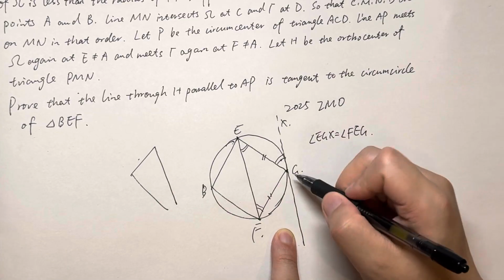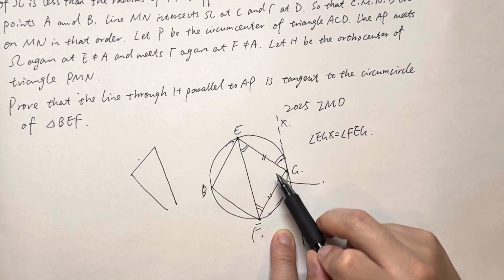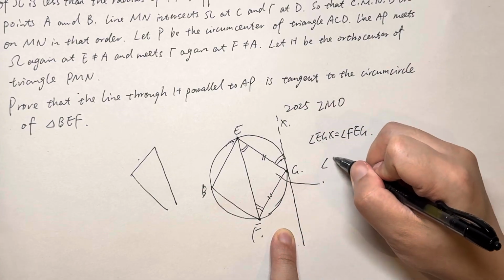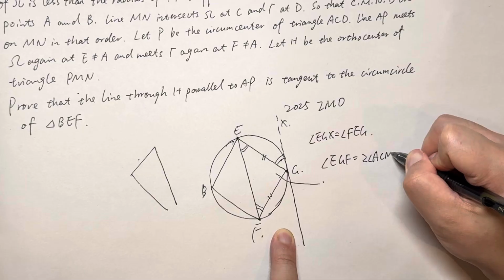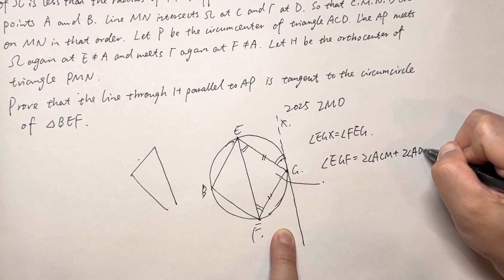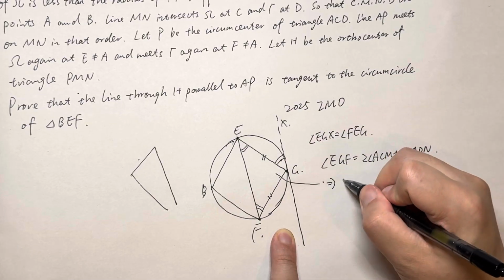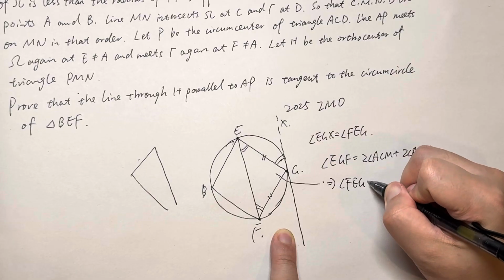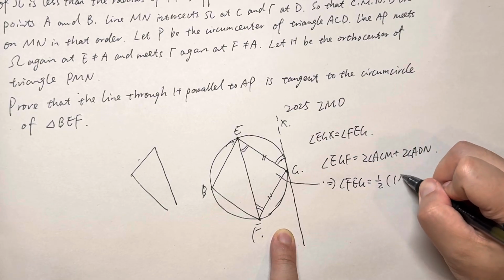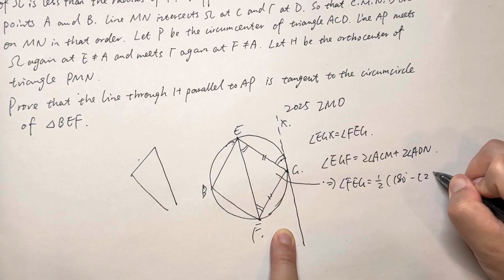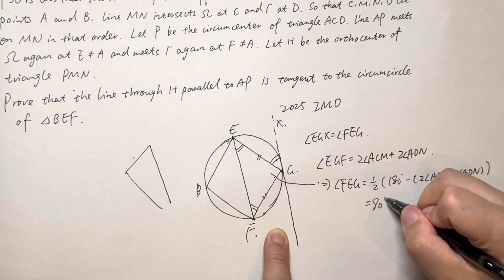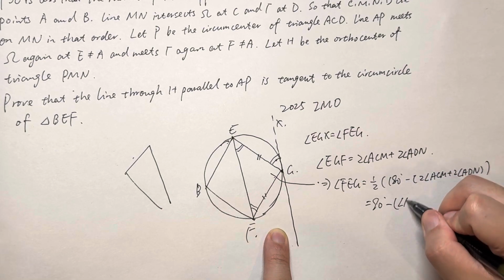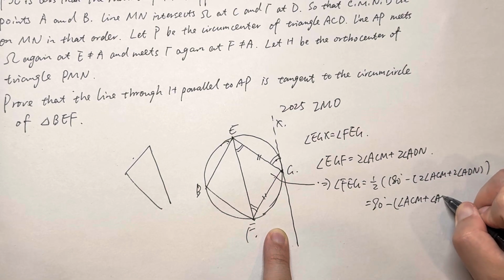And we calculated the angle EGF equals twice of angle ACM plus twice of angle ADN. Which means angle FEG equals half of 180 degrees minus twice of angle ACM plus twice of angle ADN, which equals 90 degrees minus angle ACM plus angle ADN.